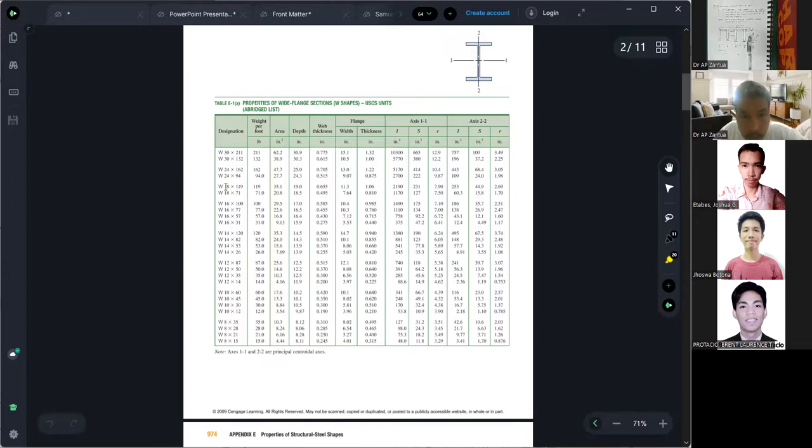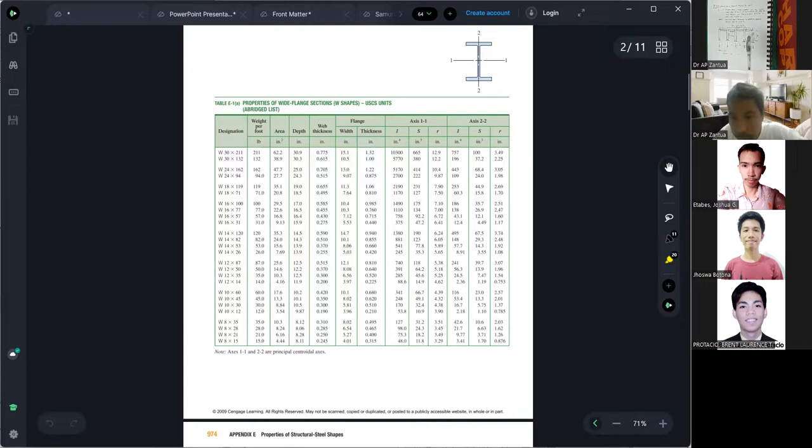As you can see, W12 by, there is no W12/65, there is W12/50. So this is not the one. As you can see, W12/50. So there is no W12/65.